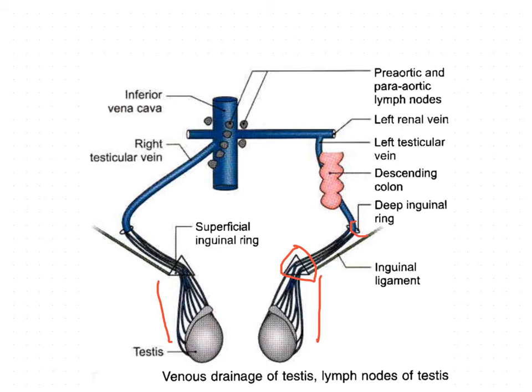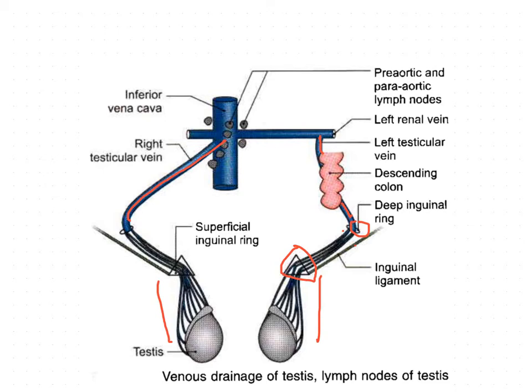These veins accompany the testicular artery. Ultimately only one vein is formed, which drains into the inferior vena cava on the right side and into the left renal vein on the left side. This is about the venous drainage.